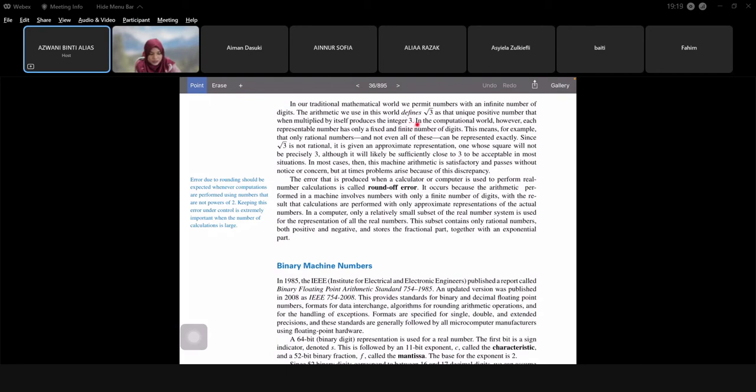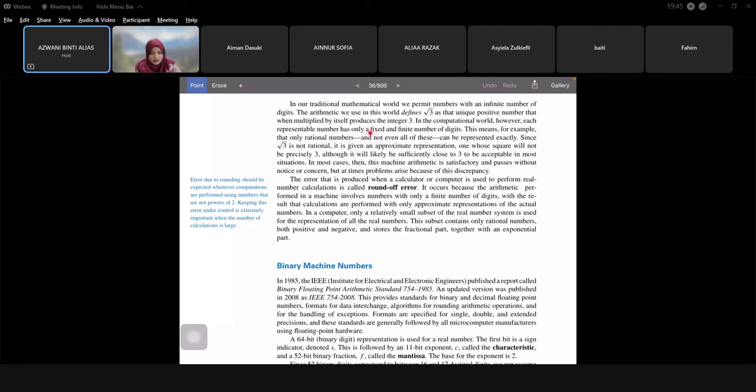In the computational world, okay, according to the computer ataupun calculator, however, each representable number has only a fixed and finite number of digits. So maksudnya in the computational ni kita represent the number only in fixed and a finite number of digits.